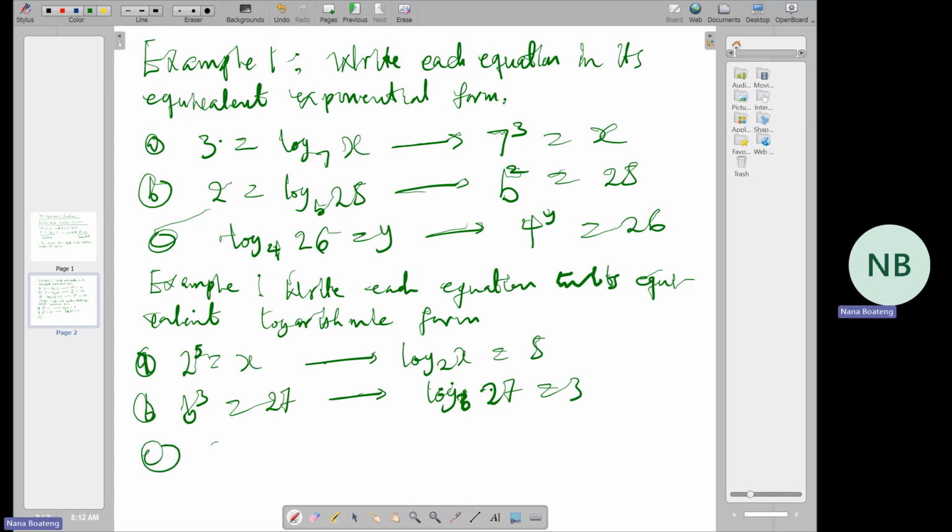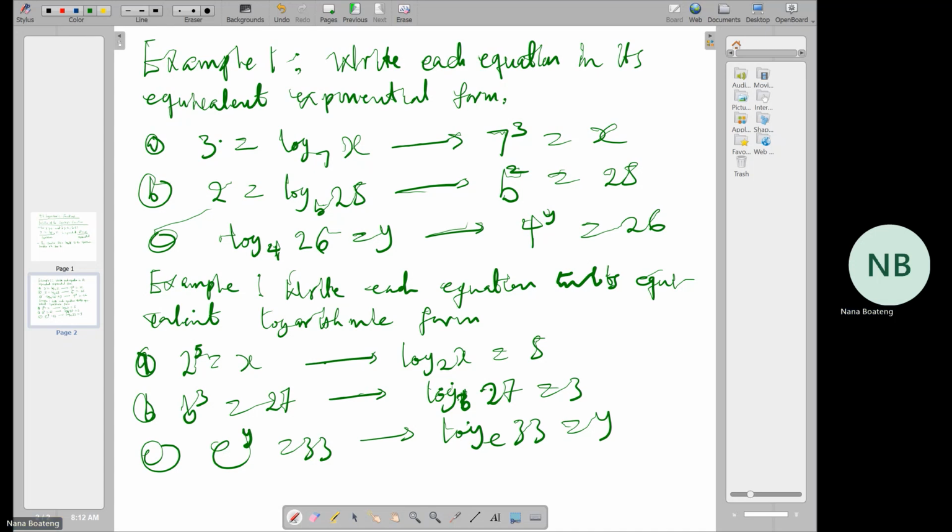And the last one, b exponent y is equal to 33, and its log form will be log to the base b of 33 is equal to y. All right, so this is how we convert from exponential form to log form.